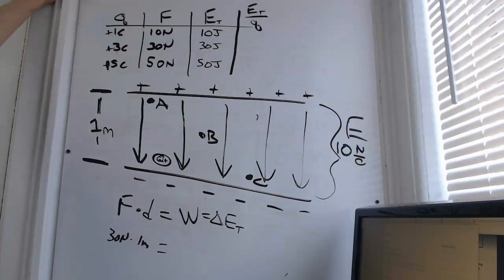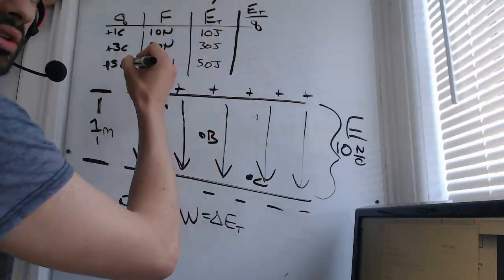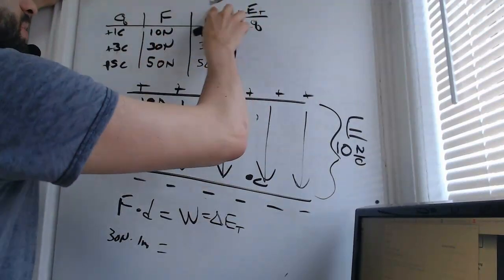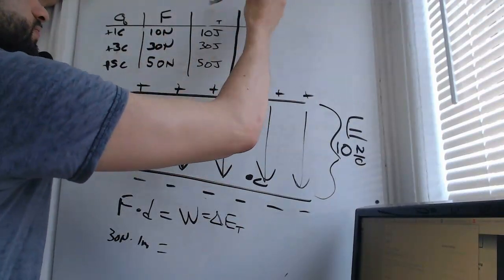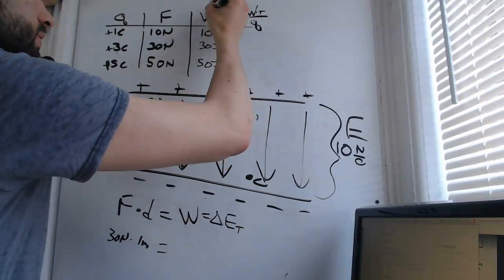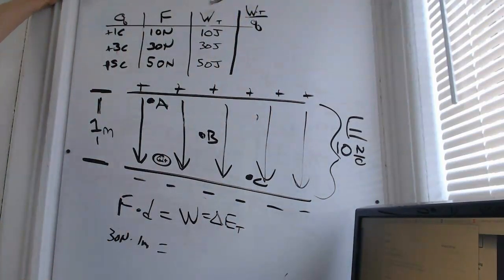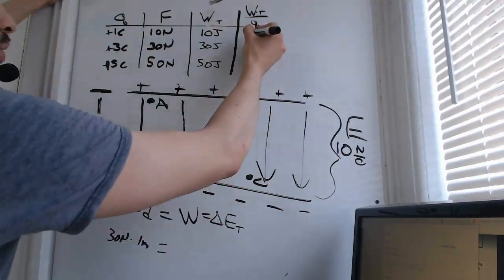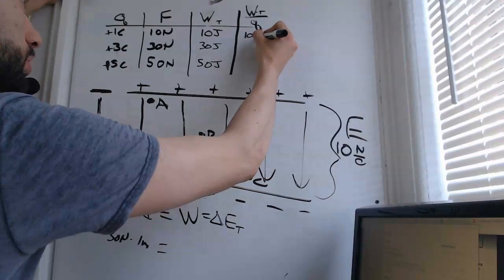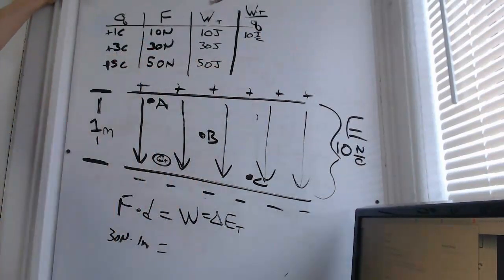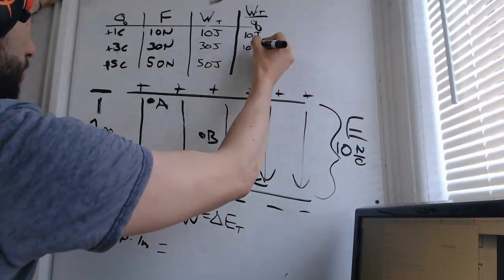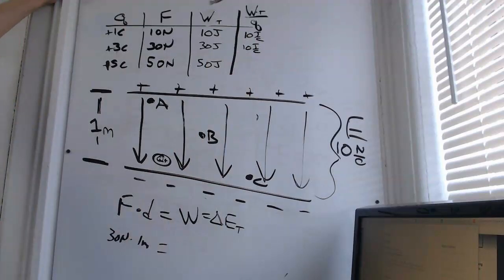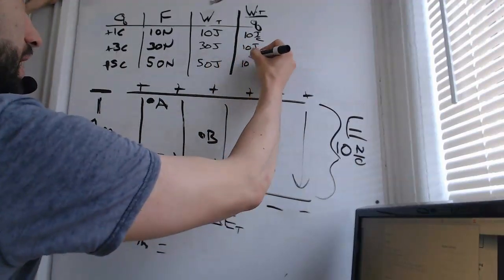Okay, it's not electric field E, it's E total energy. Let me use a W actually, just so that we're not confusing it with electric field, okay? Work total. And we know work is energy. So 10 joules divided by 1 coulomb gives me 10 joules per coulomb. 30 joules divided by 3 coulombs gives me 10 joules per coulomb. 50 joules divided by 5 coulombs gives me 10 joules per coulomb.